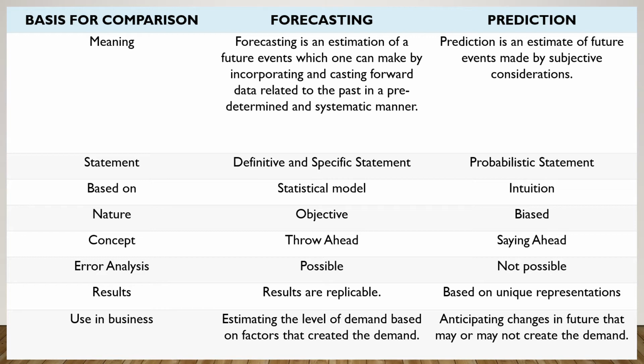The results of forecasting are replicable, but the results of prediction are based on unique representations because everyone has different experiences and different intuition about even the same thing. The use in business of forecasting is estimating the level of demand based on factors that created the demand. But in prediction, it is anticipating changes in future that may or may not create the demand.